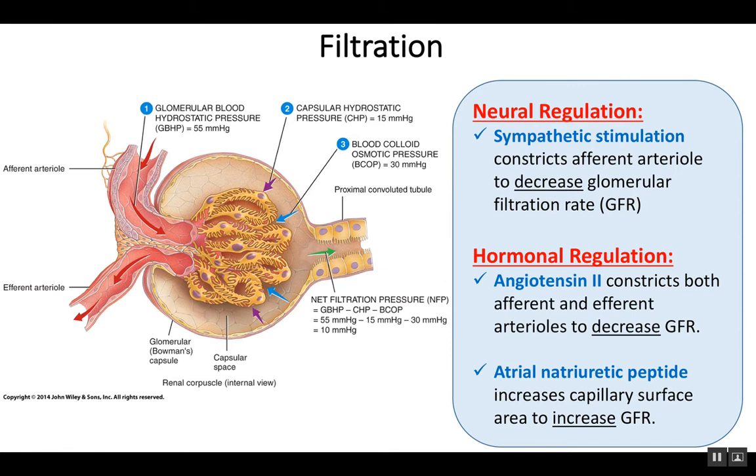So if you think about it, what could be a way to decrease a high volume? Well, you filter fluid out. So you can increase filtration, and that will help you get rid of a high volume. This hormone kind of acts as a diuretic because it can get fluid out of the body.